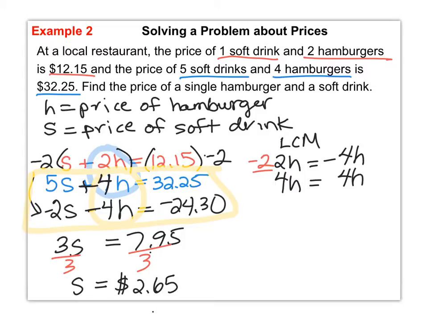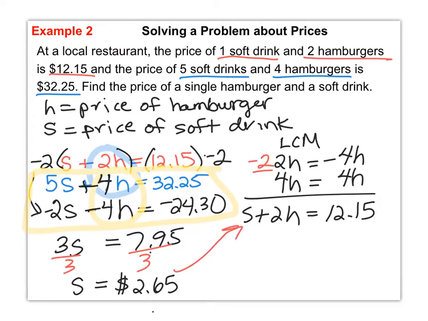Now let's find the price of the hamburger. You can take either one of the original equations. I'm going to start off with the first original equation, which was S plus 2H, one soft drink and 2 hamburgers, equals $12.15. I'm going to replace the S in this equation with the $2.65. And that gives us 2.65 plus 2H equals 12.15.